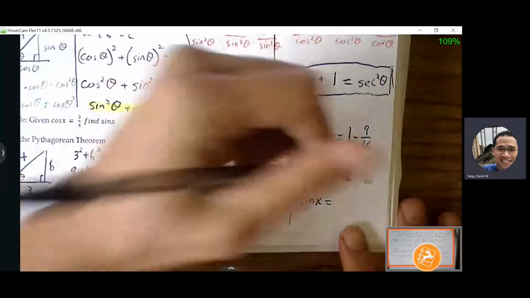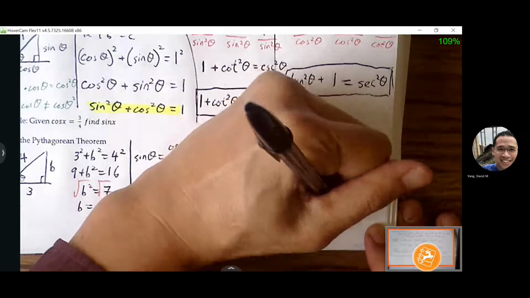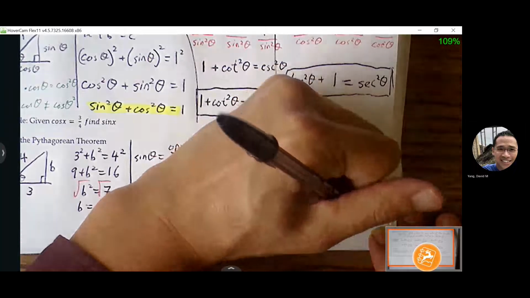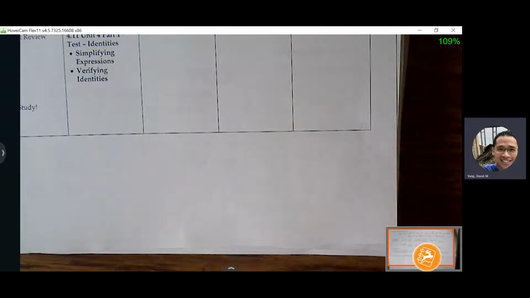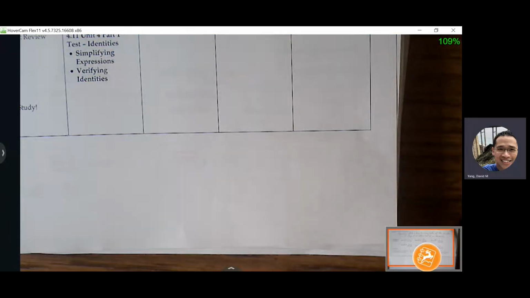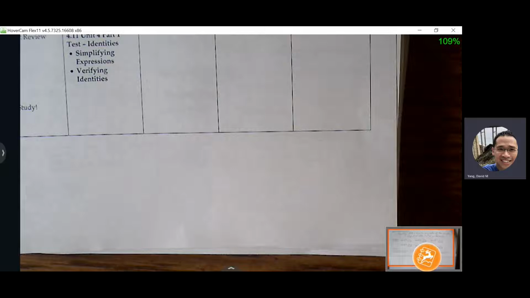Root 7/16, does that end up being the same thing? Yes. All right, questions so far?